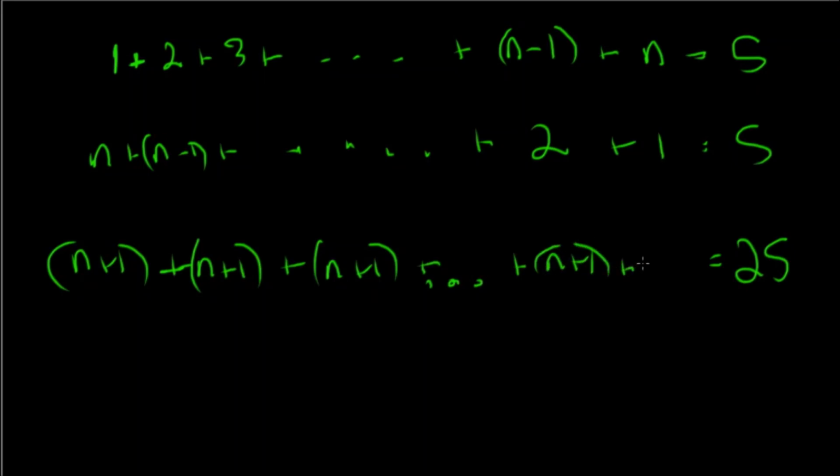And I've said n plus 1 at least 6 times now. And then how many of these do I have? That's the new question. Previously, we knew we had 100, but now I have n of them. So I have n times n plus 1, and that is 2S. And then there's our final formula.